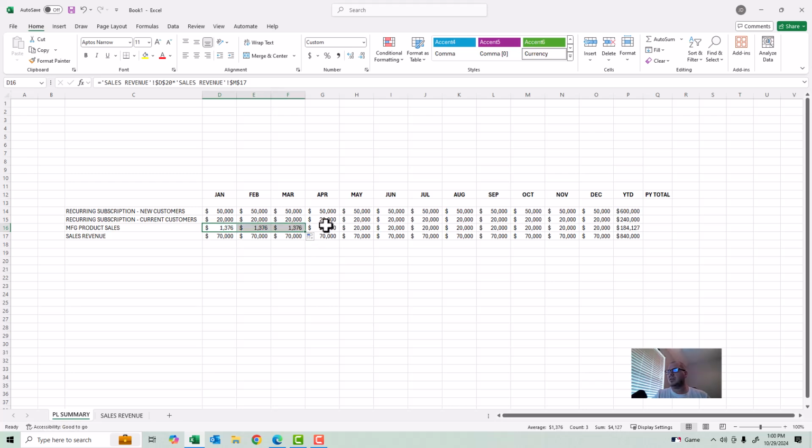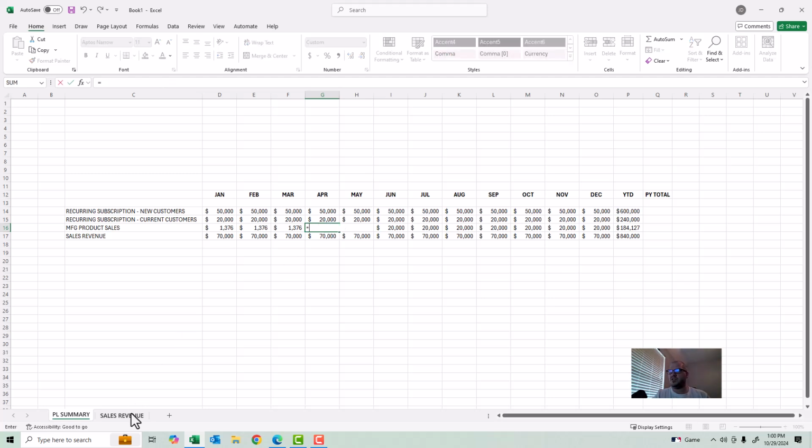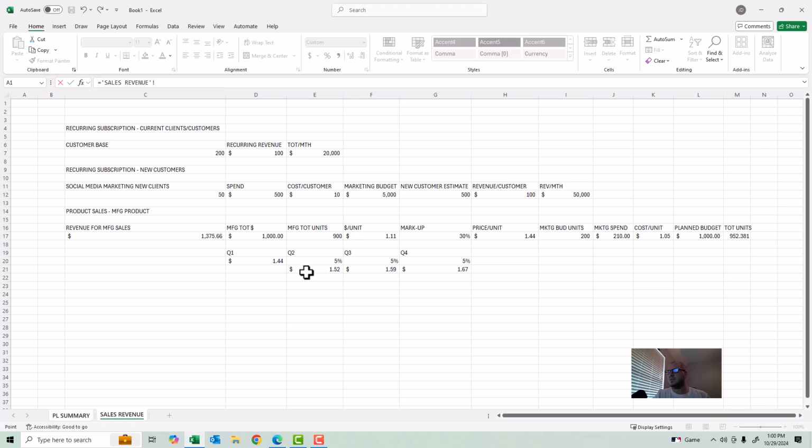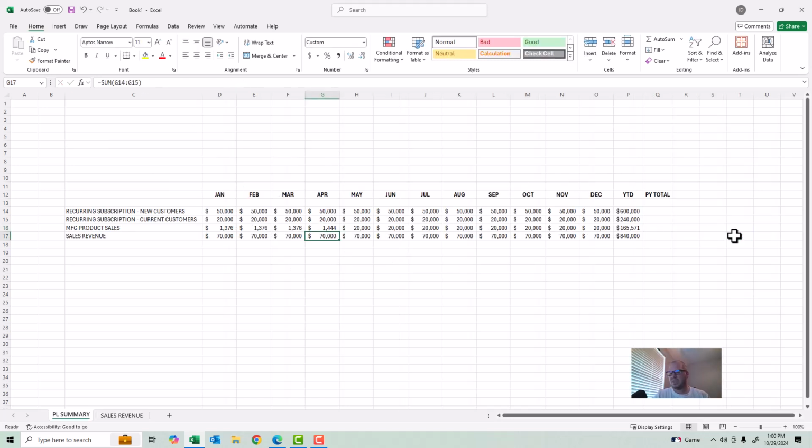Okay, now let's do our next 3 months. Our rate is changing, so we need to pick a different one. Okay, our new rate for Q2, function or control F4 depending on your keyboard, times our total units, and function or control F4 depending on your keyboard. And we will drag that one over for the next couple of months.